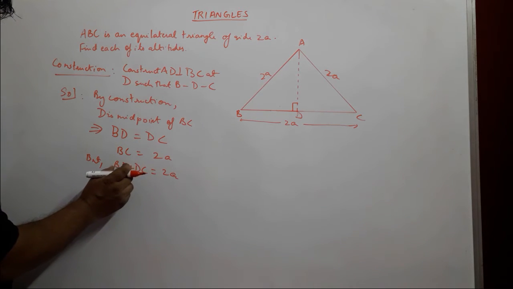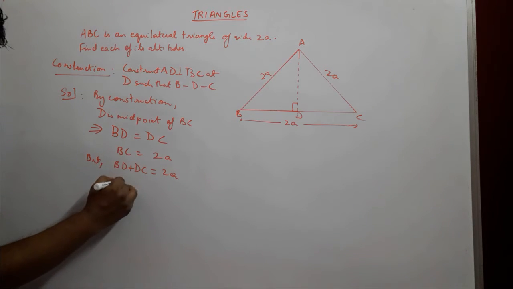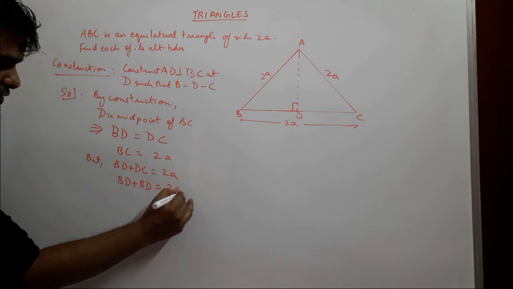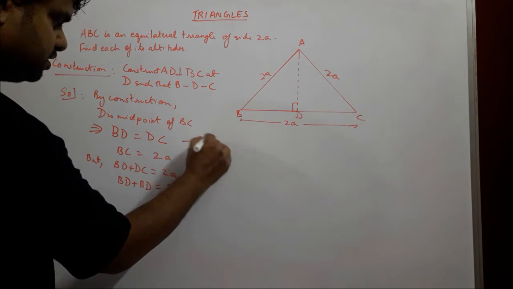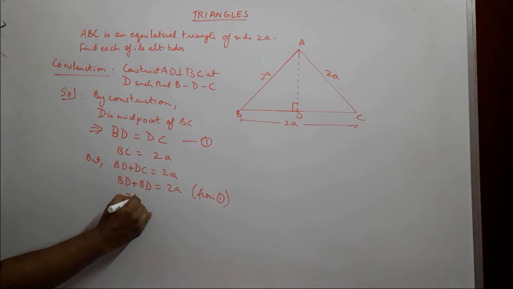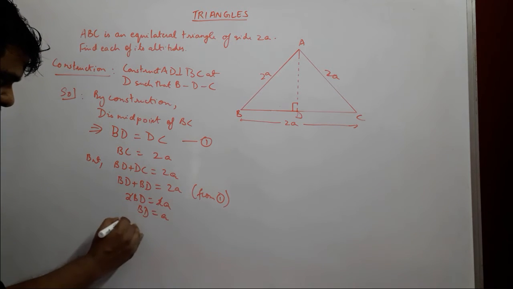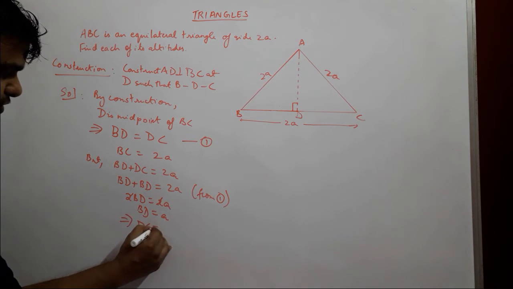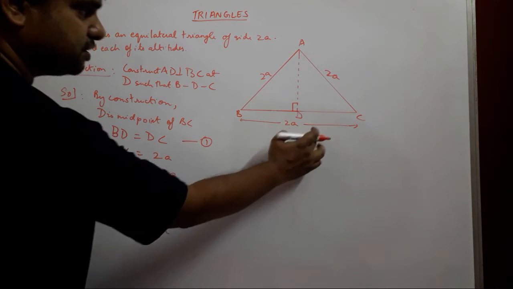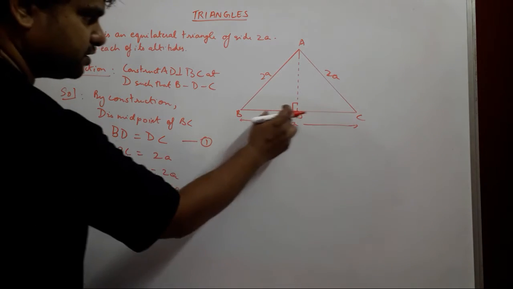But BD and DC are equal to each other, so we can put this as BD plus BD is equal to 2A, from 1. So 2 times BD is equal to 2A. 2 and 2 cancel, that means BD is equal to A. So this implies that DC should also be equal to A. Both these are A, and A plus A gives us 2A, right? So each of these parts are A and A.